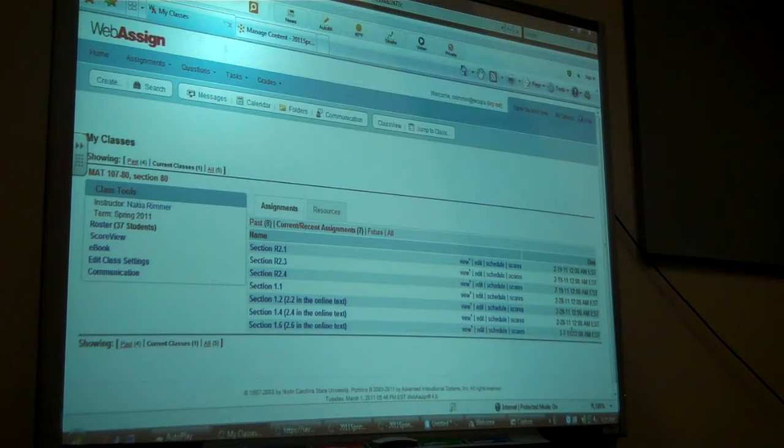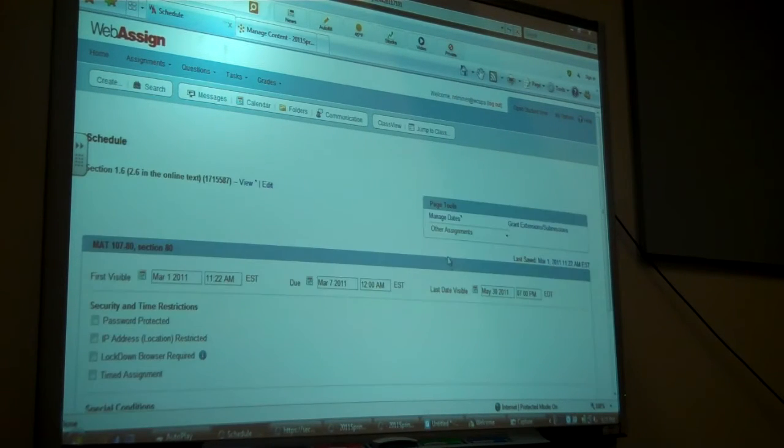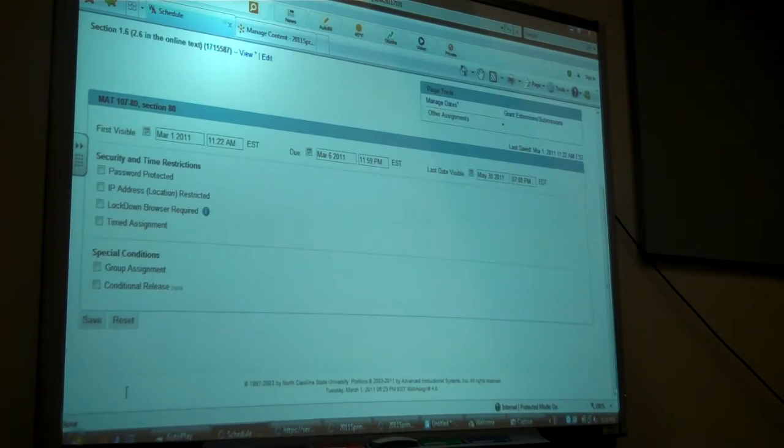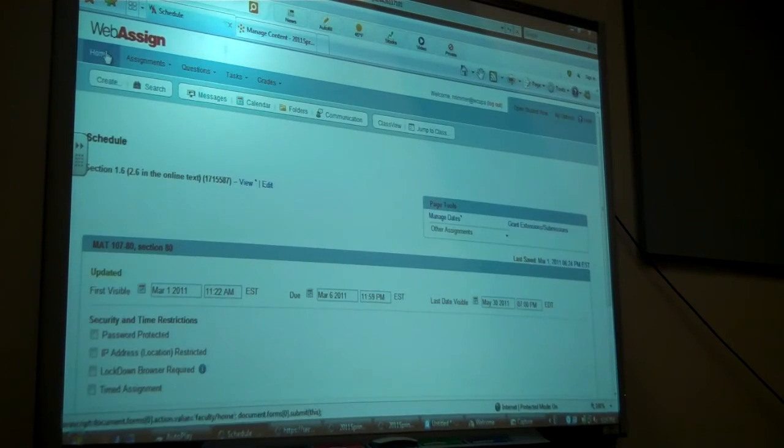I'll change this to 3/6, 11:59, because that's confusing. It shouldn't be confusing, but it is. That's this upcoming Sunday. That way it forces you to have it done, I guess, not wait too long before you do it. I'd rather try to go do it now. In fact, take a look at some of them.